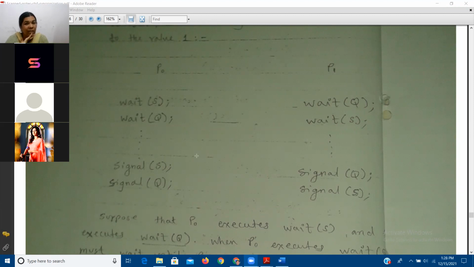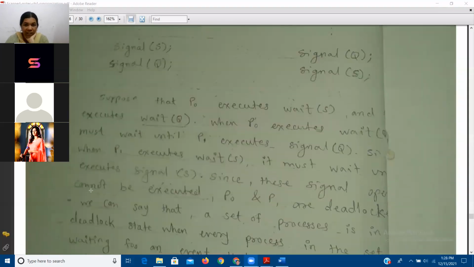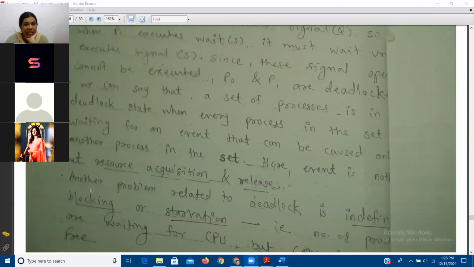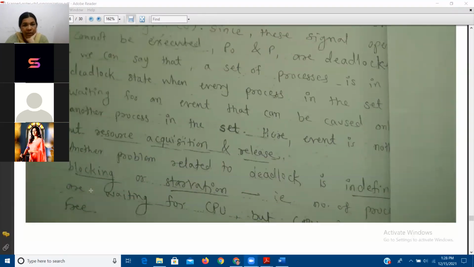And P1 is waiting for Q, and whenever P0 executes signal Q, only then P1 is able to execute. So that is the description given over here.